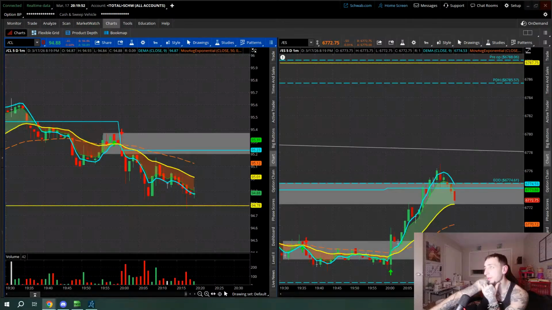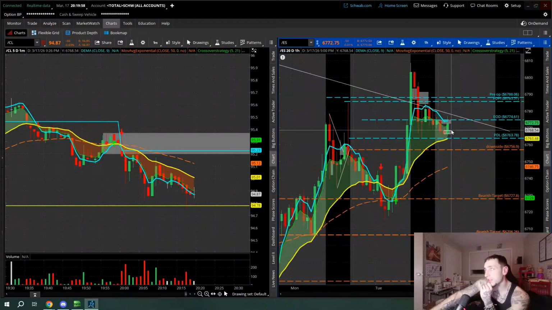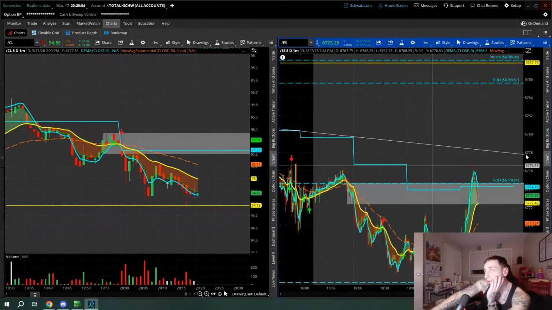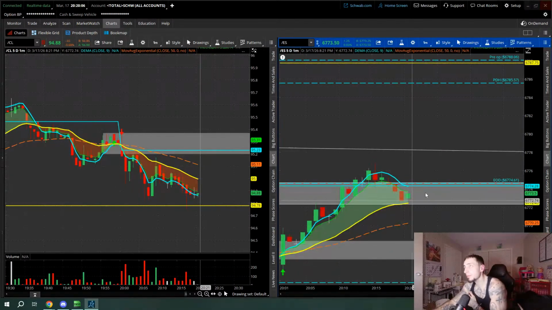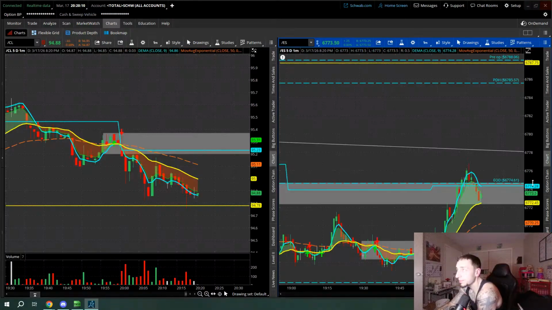All right, coming up into that 20 here on ES. You know, I want to make sure I do like the bullish scenario. I like the bounce off the 1 hour 20. Didn't quite tag it.